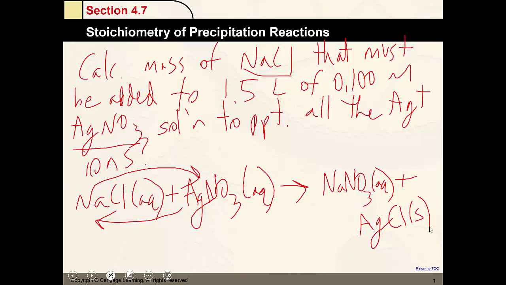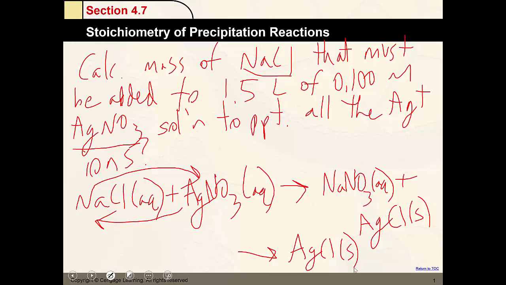And for writing the net ionic equation, remember everything that's aqueous breaks apart. Everything that's solid remains together. So we know for our net ionic equation, the one product will be our precipitate, our solid. So that is AgCl.